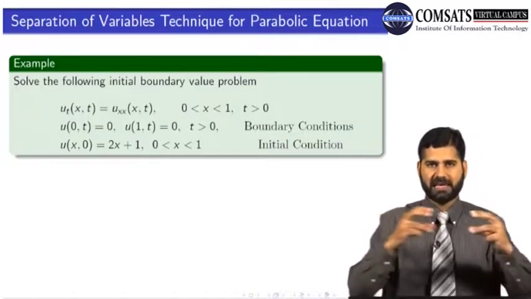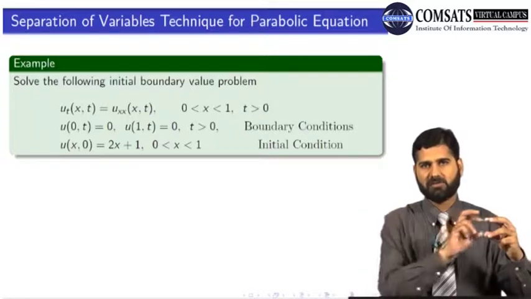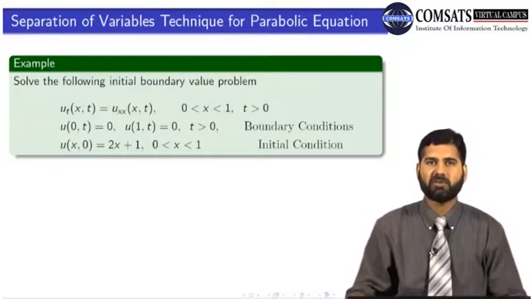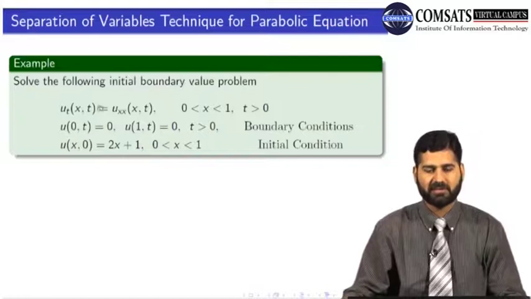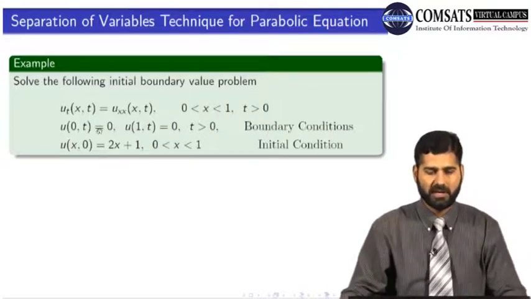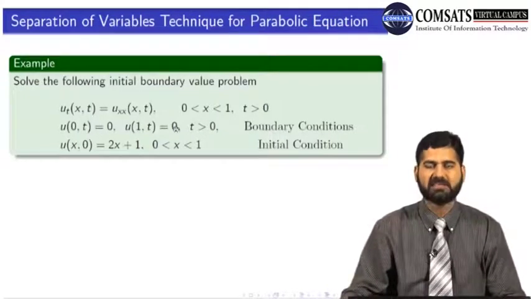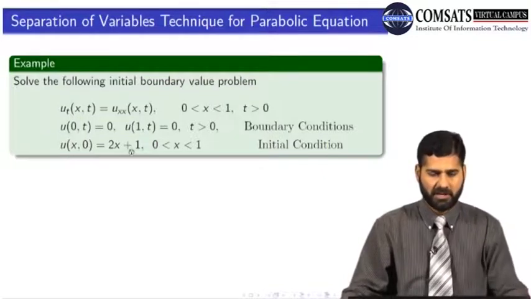So if you model the flow of the heat, then the temperature at any point is given by this heat equation. Here the temperature at the ends is 0 and the initial temperature is given by 2x plus 1. So let's solve this.